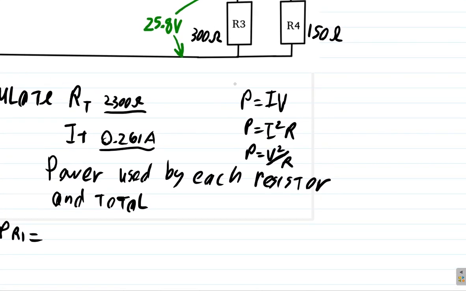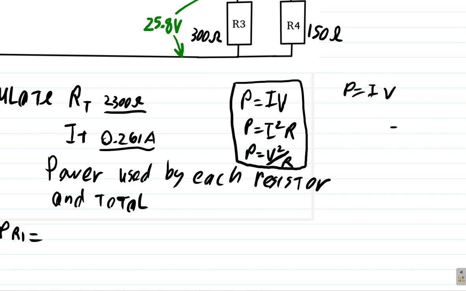If you start with P equals IV, and you know that current is volts over resistance, you can put V over R instead of I, and you have power equals volts over resistance times volts. So the volts at the top multiply to give V squared over R, right?